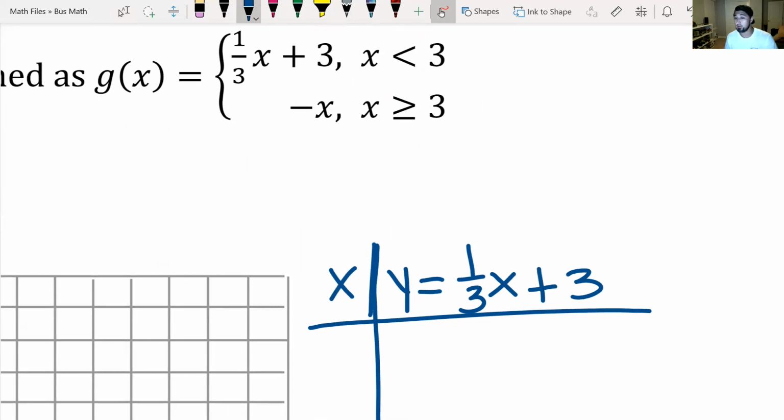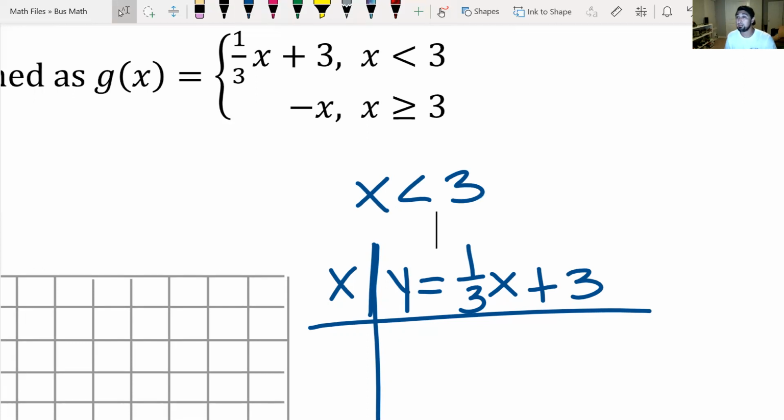Here's my xy chart. But so I know what numbers to pick, I'm going to put the restriction right above it. So we can only use 1/3 x plus 3 if I choose x values less than 3.